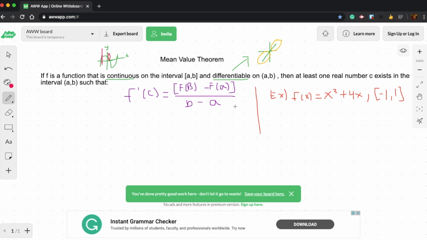Now, to really understand how the formula will be used, let's go over an example problem, all right? So the example problem will be f of x equals x cubed plus 4x on the interval [-1, 1], all right? So consider this our a, b. Before we obviously use the mean value theorem, we need to check if it's continuous and differentiable.